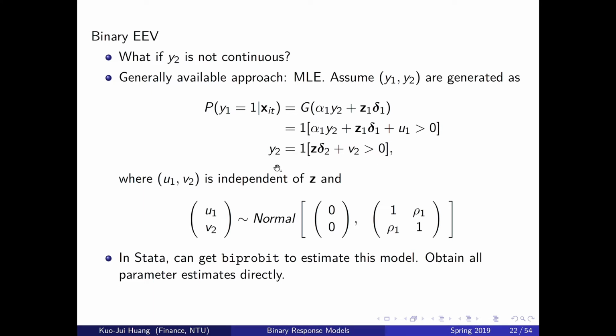And the two error terms U1 and V2 are independent of Z and follow a bivariate normal distribution, which has mean of 0, variance of 1, and a covariance of rho 1. With this data, you can use the probit command to estimate this model and obtain all parameter estimates directly.